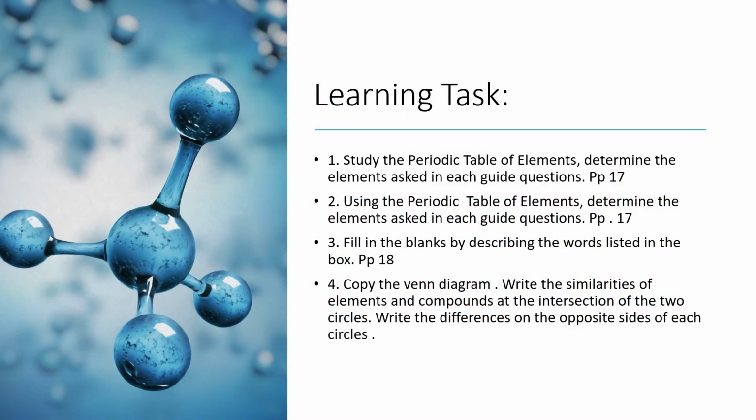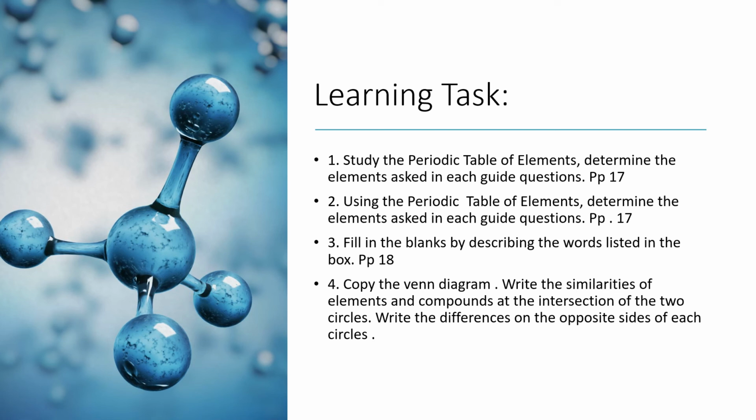For your learning task in your module, you are going to study the periodic table of elements. Determine the elements as in each guide question. Look on page 17 in your module, learning task number 2. Using again the periodic table of elements, determine the elements as in each guide question.